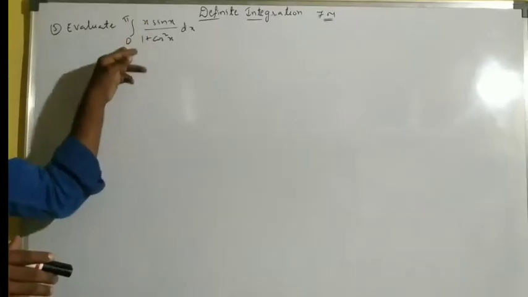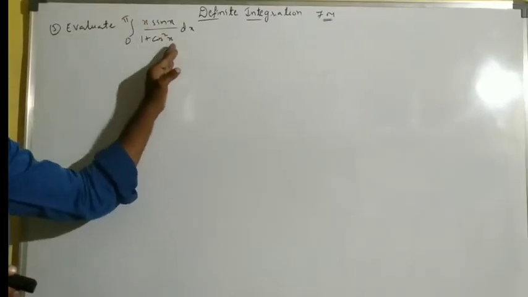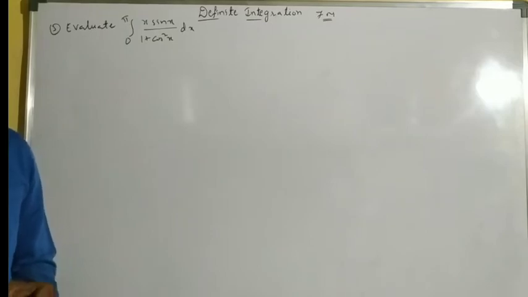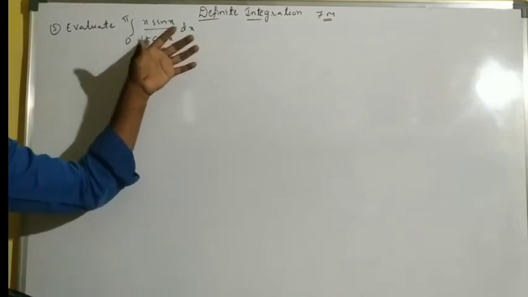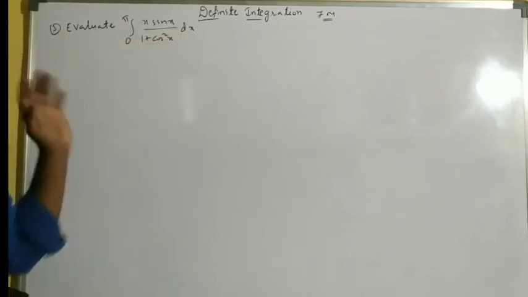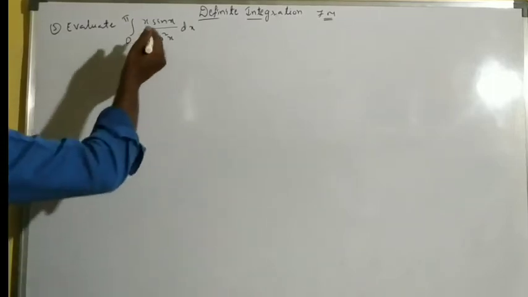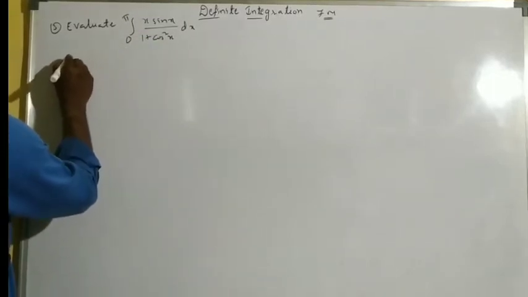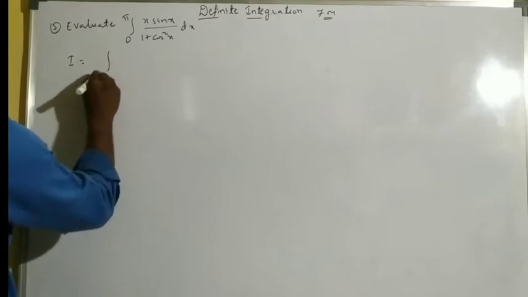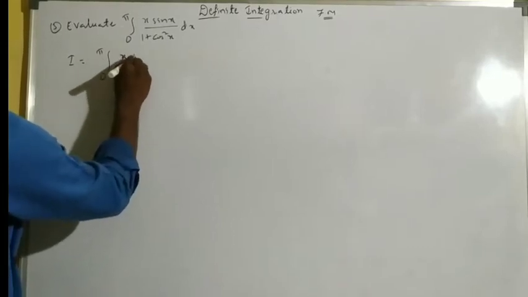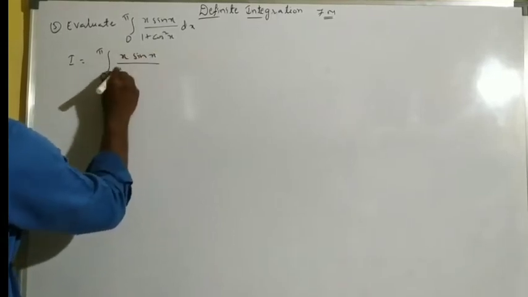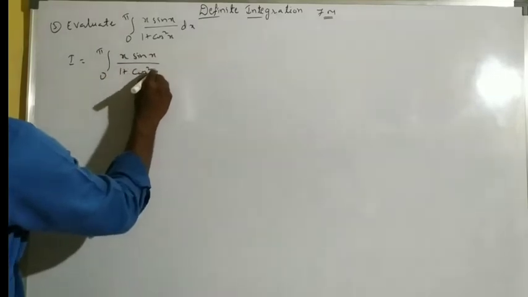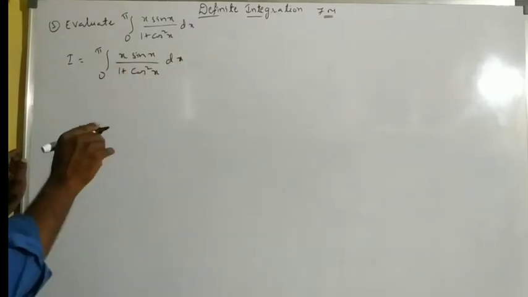Evaluate the integration 0 to pi of x sin x by 1 plus cos square x dx. So this also we can take just like the second question. Let me take this as I equals 0 to pi of x sin x by 1 plus cos square x dx.